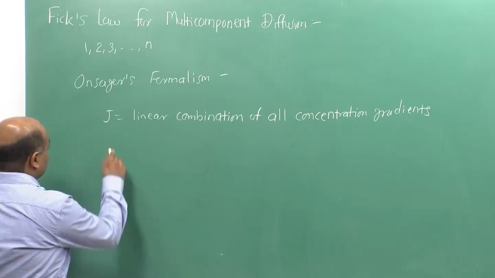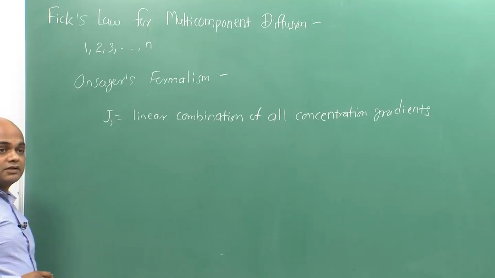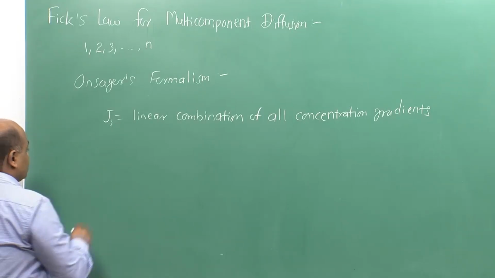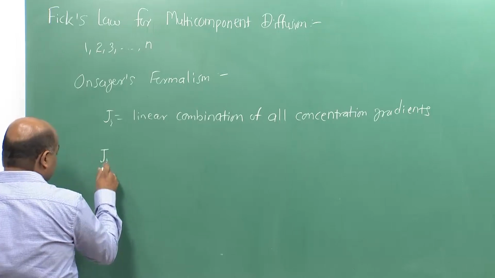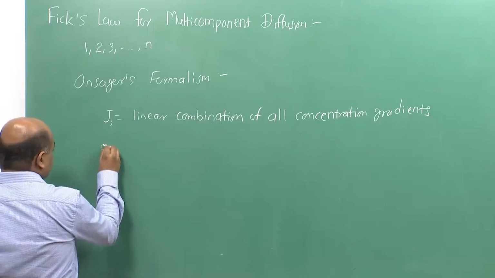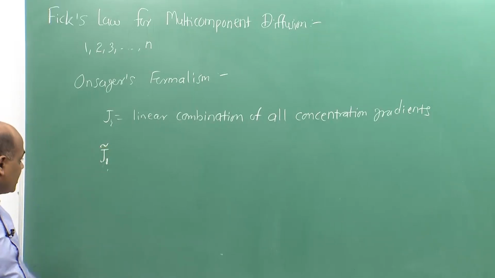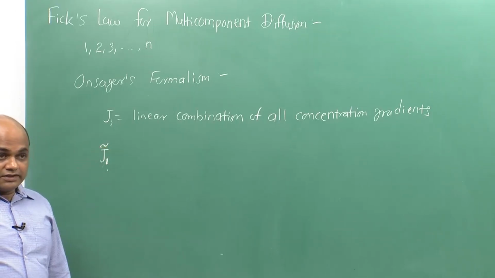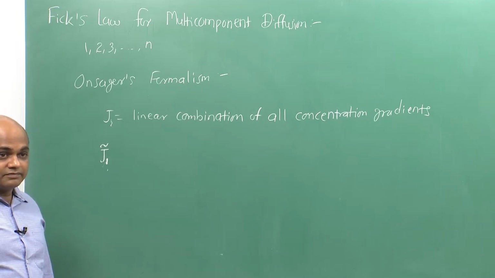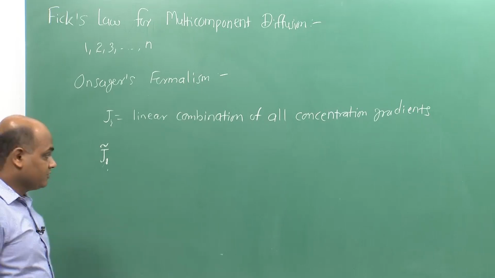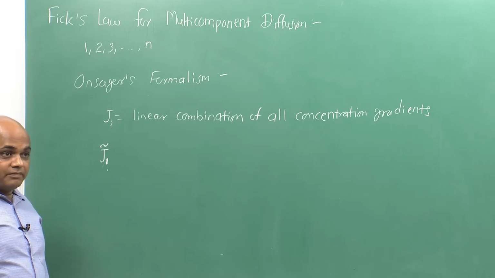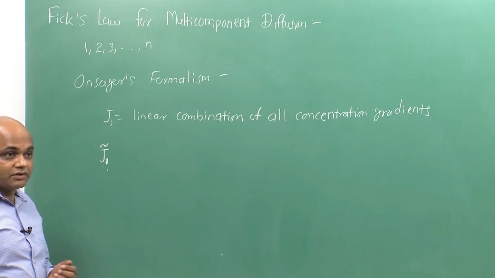Take the flux of a component i, for example. If we write the flux of component 1, we denote this by J1 tilde. The tilde denotes that we are considering interdiffusion, right, or diffusion due to the strong concentration gradients.